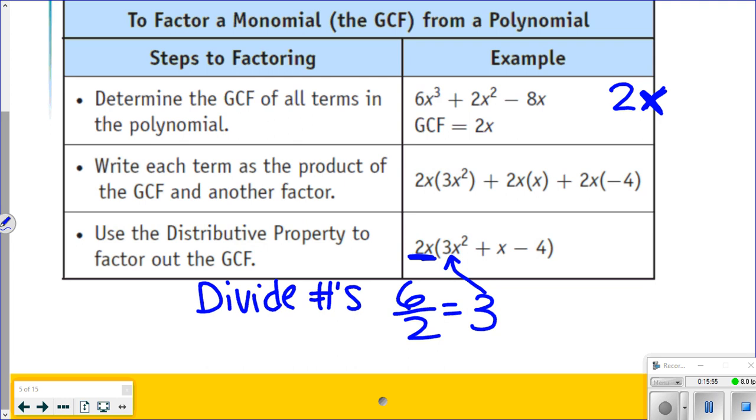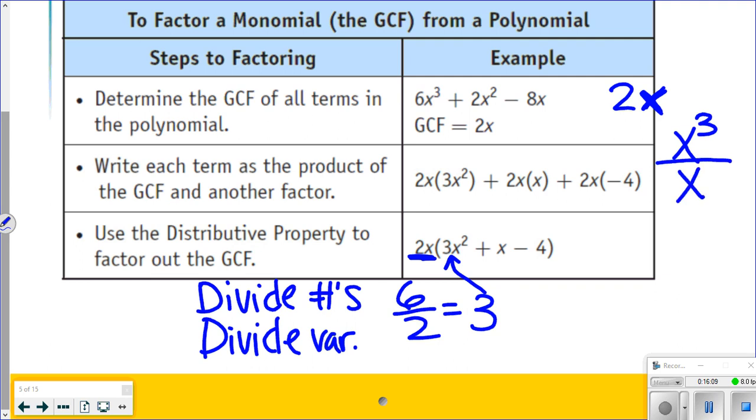Then we're also going to divide our variables, or our letters, but think about our exponent rules. When I have x cubed and I'm dividing an x out, this is a fraction, so remember we keep the base, which is x, and we subtract 3 minus 1, and we get 2. So we're left with x squared.